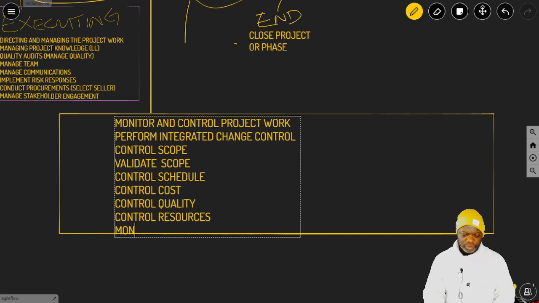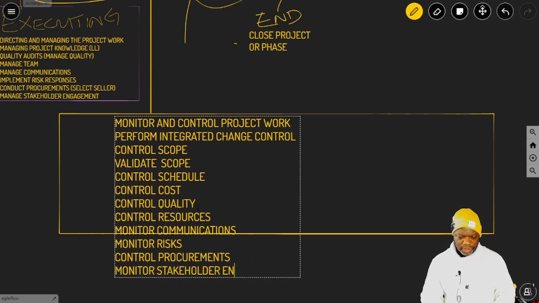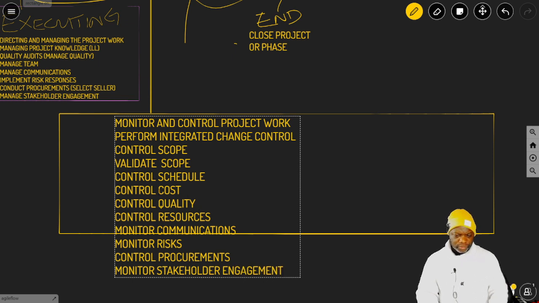We don't use the word control. We don't control humans. Then we have monitor communications. We have monitor risks. We have control procurements. And we have, beg your pardon, monitor stakeholder engagement. Okay.